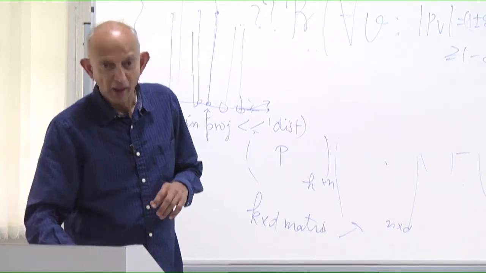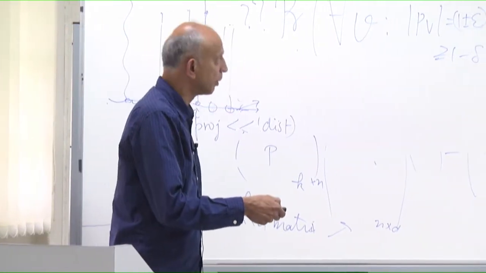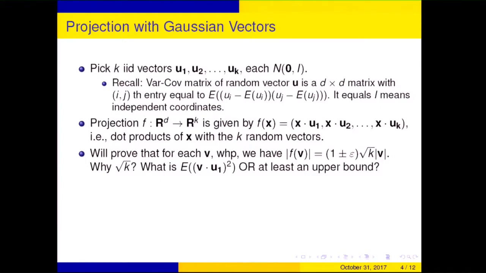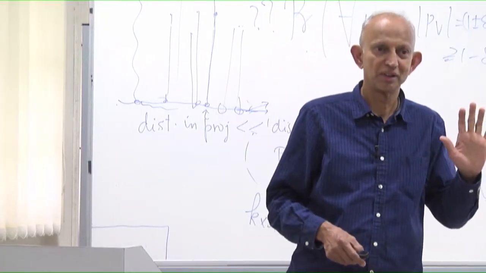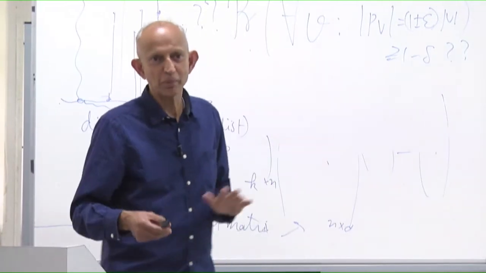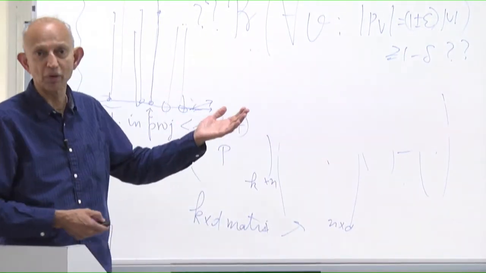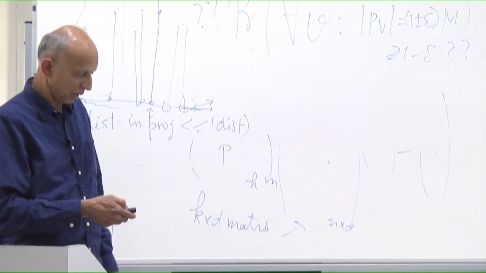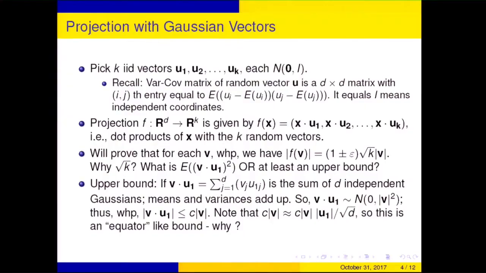What do you think the random variable v dot u1 looks like? U is random, v is fixed, remember. What does the dot product look like? Gaussian, yes, it is Gaussian, because it's the sum of independent Gaussians. That's what makes this argument very simple, compared to taking orthonormal vectors.